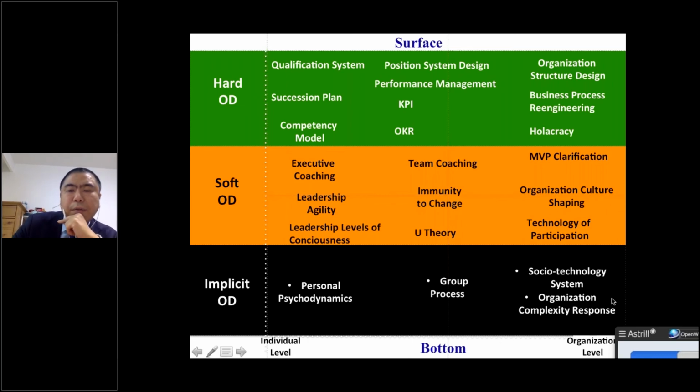And on the organizational level, there is the socio-technical system, which is Trist, written by Trist, and organization complexity response theory, written by Rolf Stacey. All this is about the invisible part, the very bottom of the organization. So I call it implicit OD.